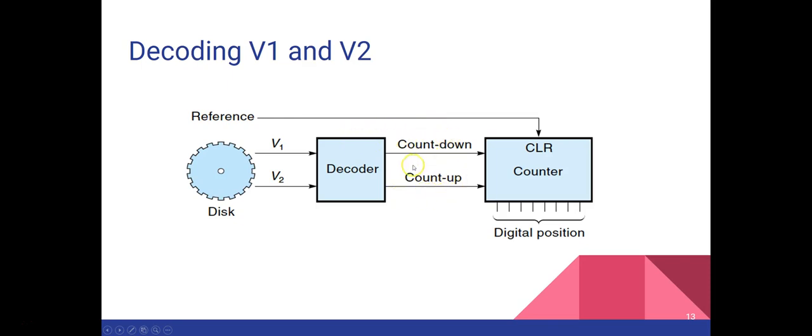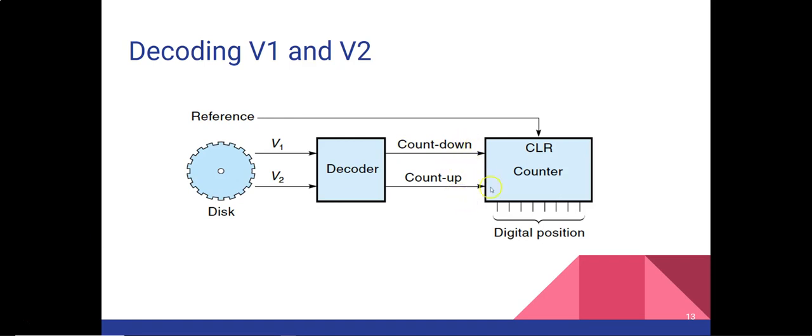This up counter signal gives one pulse for every slot passed when the disk is going in the clockwise direction. And this countdown signal gives one pulse for every slot passed when the disk is going in the counterclockwise direction.